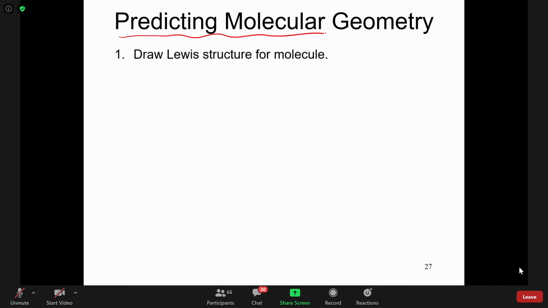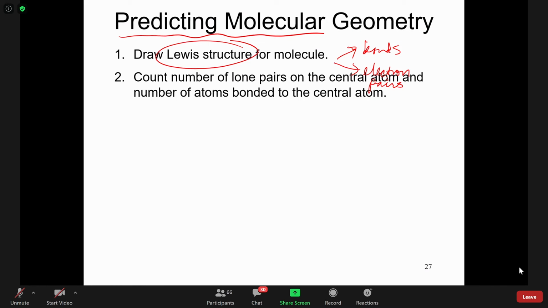And the first thing that you're going to want to do for whatever compound it is, the Lewis structure is still very useful. Why? Because the Lewis structure will tell us how many bonds and also how many electron pairs. And we need that, as we just saw, to be able to evaluate the molecular geometry of any given compound.